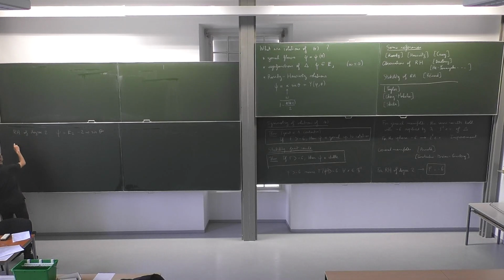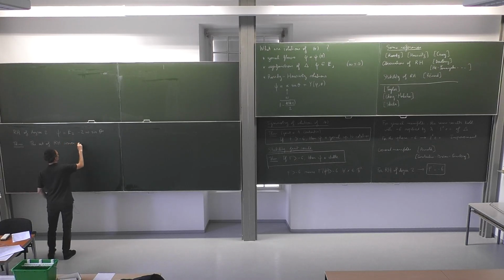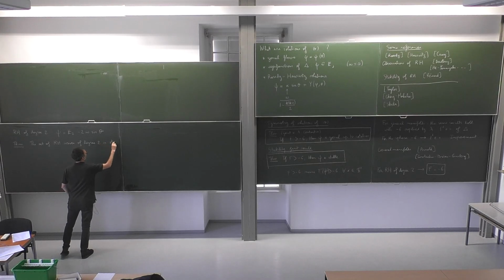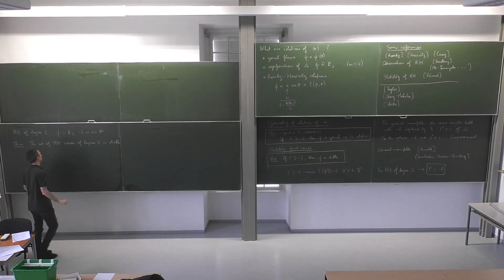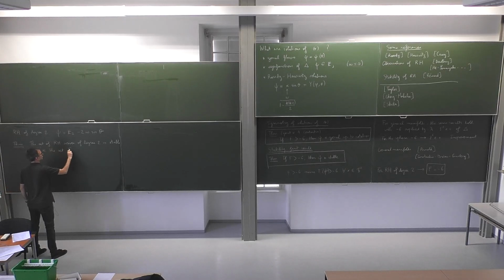So, theorem: the set of Rossby-Haurwitz waves of degree 2 is stable, meaning, i.e., E2.